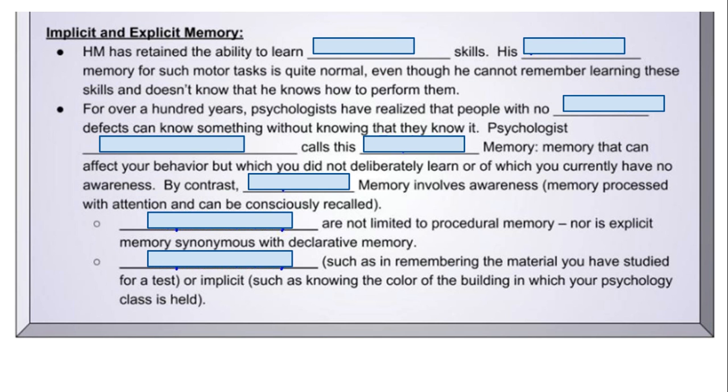So implicit, explicit memory. HM, if you remember when we talked about him a while back, has retained the ability to learn motor skills, meaning that he has a memory for that, but not necessarily a memory for things that happened, like what he ate or what he did during the day.